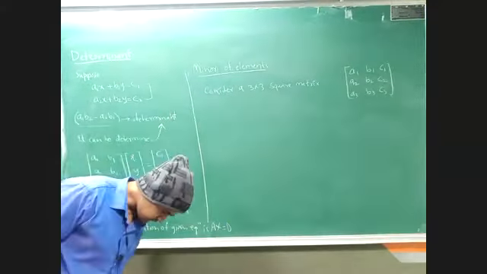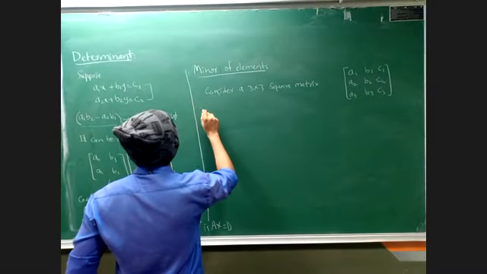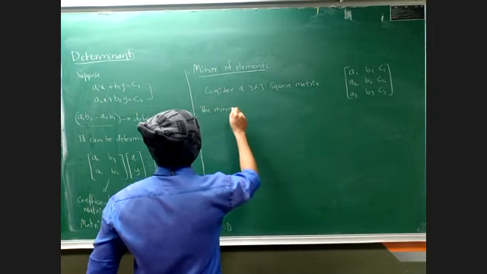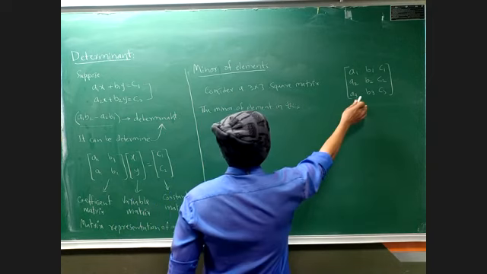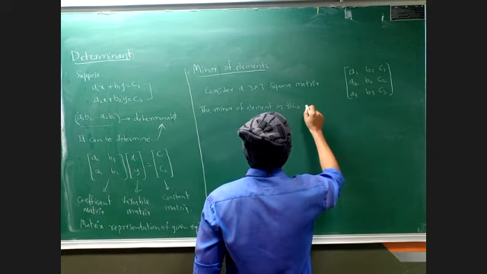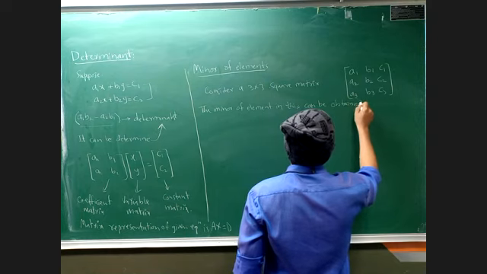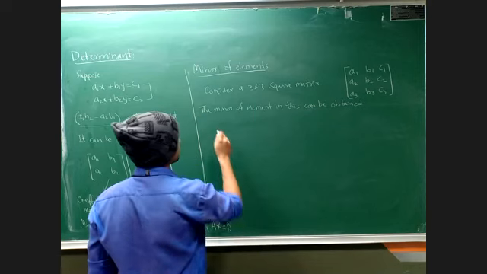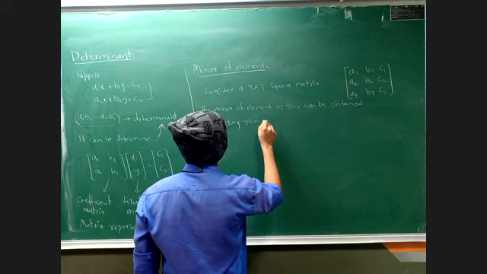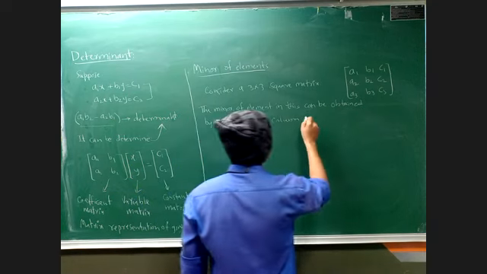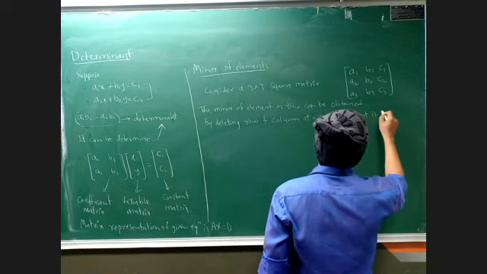So the minor of an element in this matrix can be obtained by deleting the row and column at which the element is presented.